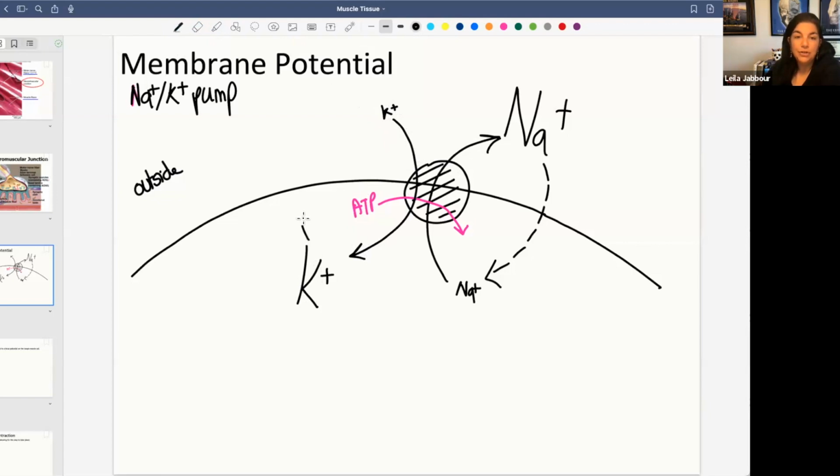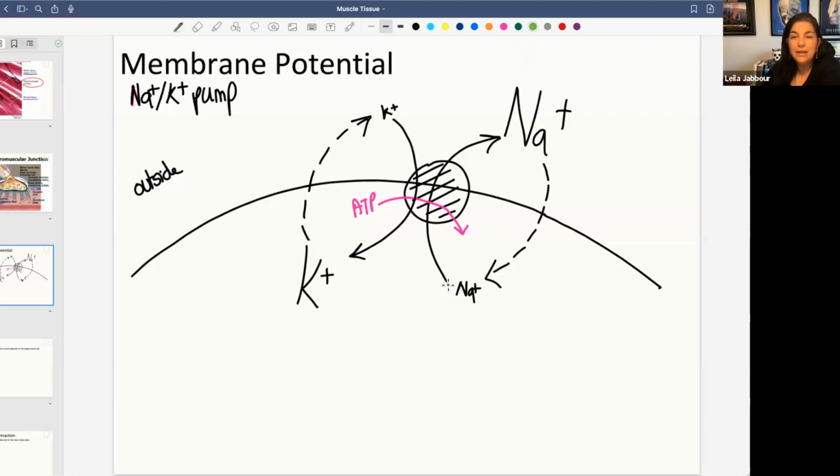So by diffusion, these potassium ions are going to have a tendency to diffuse down their concentration gradient, passive transport all the time, and the pump keeps pumping them back against their gradient to keep this distribution. Now, it does this unevenly.